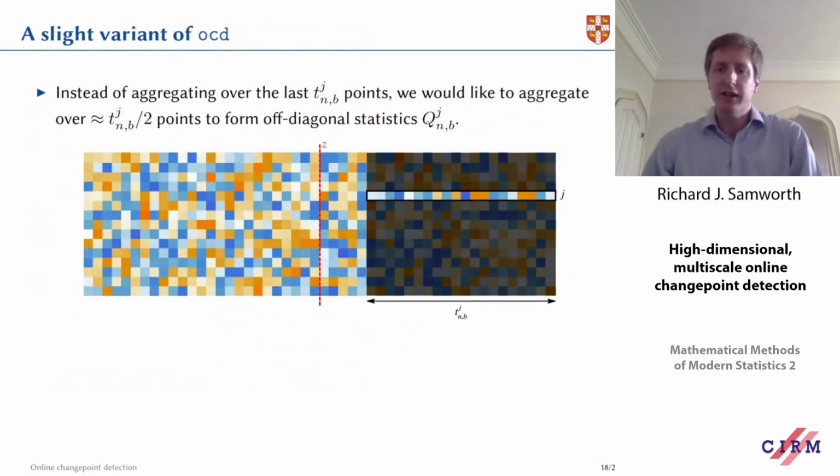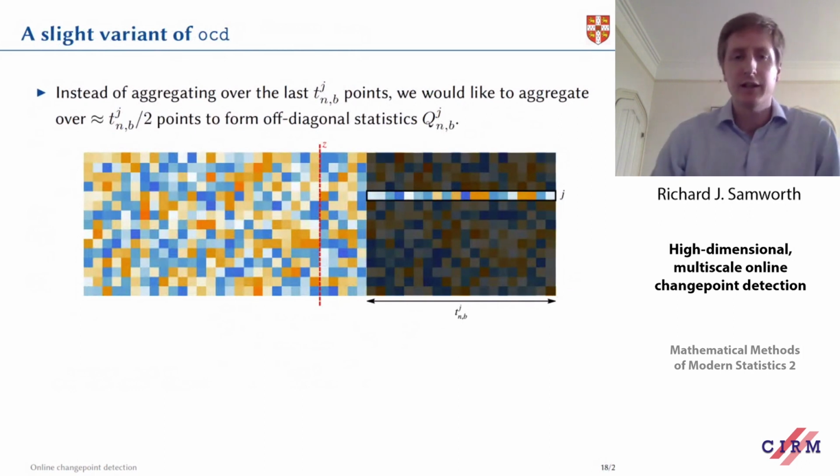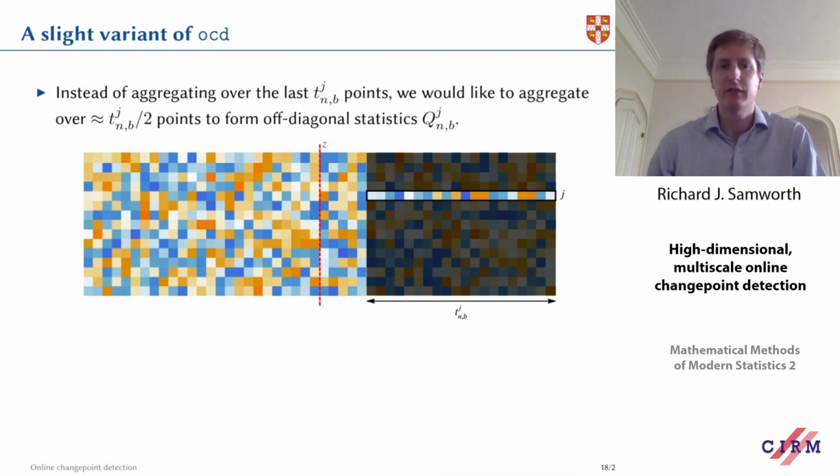Actually, it turns out that for our theory, it's convenient to work with a very slight variant of this OCD algorithm. This is something that we've found not to be so necessary to implement in practice, but I'll try and explain why it's convenient for our theoretical analysis.